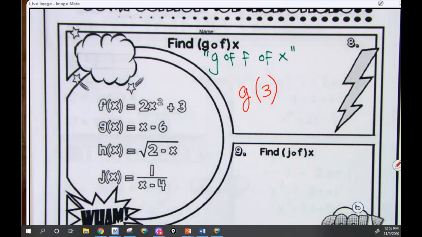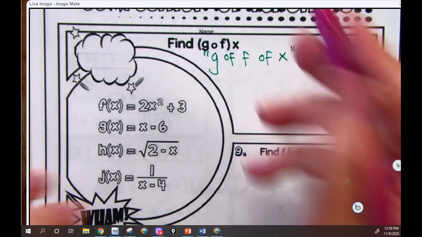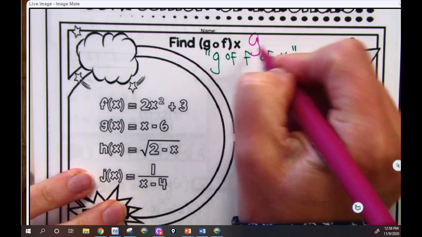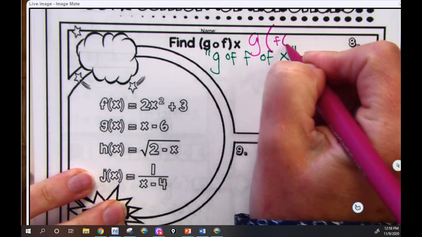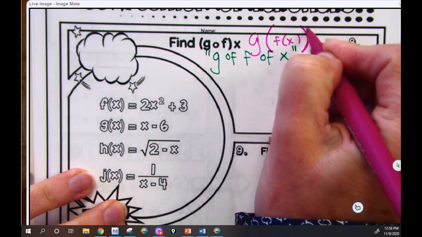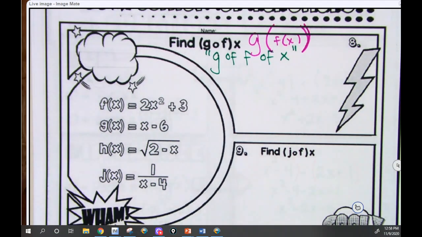All right. Another way to write g of f of x, and I'm going to make this big and obnoxious, is g of f of x. A second ago I wrote a 3 right here. You guys had no problem.